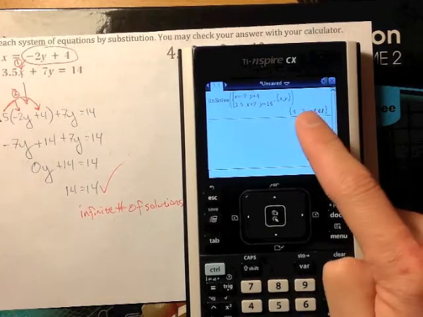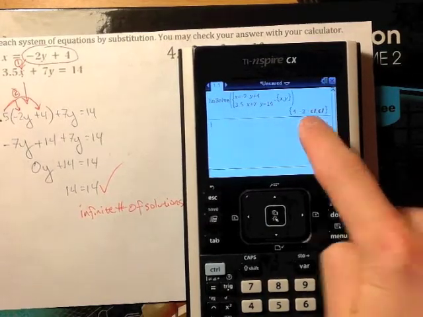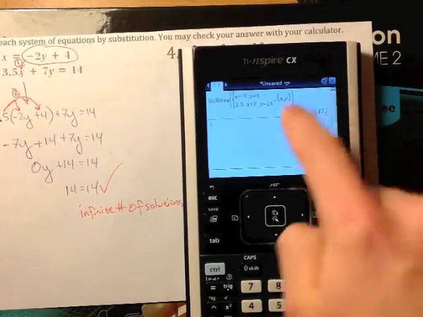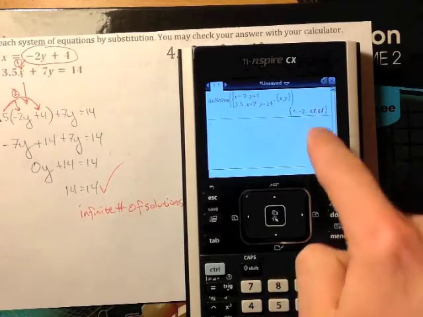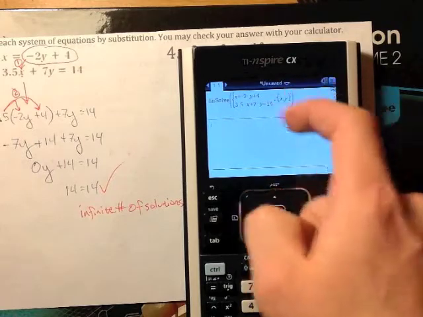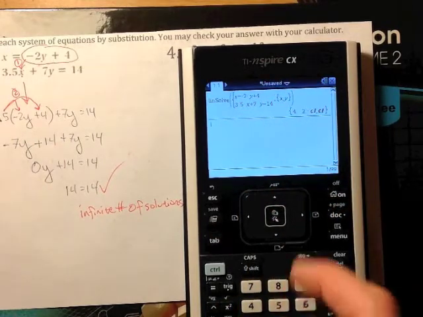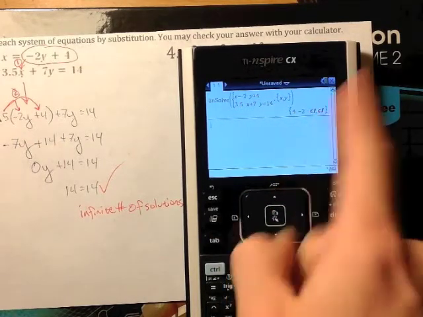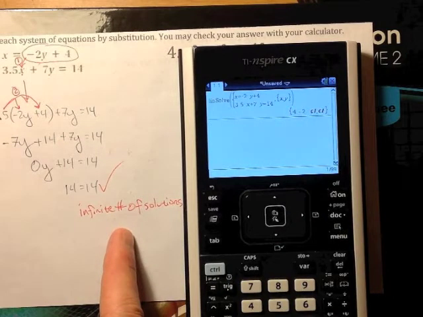Ooh, interesting. I actually don't know what this says at all. But it doesn't look like it should. So that should tell you something is off. Something is off about this. And it doesn't tell you directly, oh, you have an infinite number of solutions.